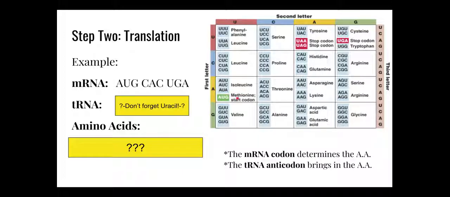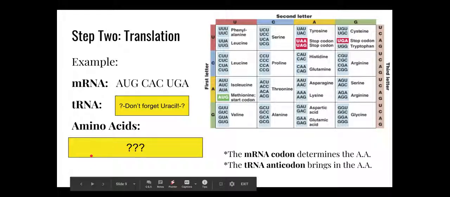The name of this amino acid is methionine. Usually we just use the first three letters to abbreviate them, so you can call it methionine, you can call it MET. The fun thing about this one is it's the start codon. So this is the codon that's going to be at the front of any translated protein that you ever find. So our first amino acid is methionine, or MET.